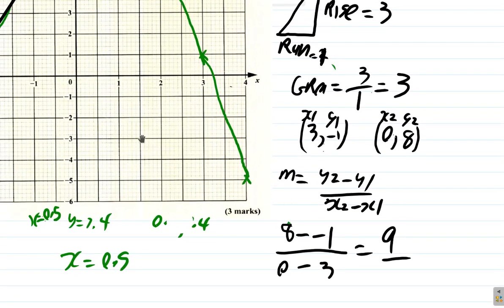Alright, doing it by calculation now, 8 minus negative 1 is 8 plus 1, which is 9.